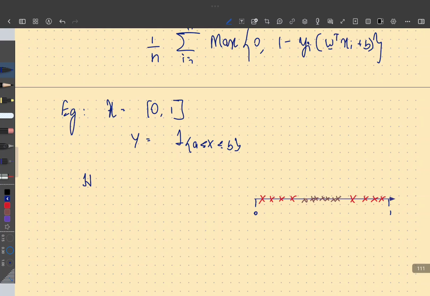A point, or it's a threshold classifier, right? It's the set of all h such that h of x is the indicator x less than or equal to alpha, or the indicator x greater than or equal to alpha, or strictly greater than alpha and strictly less than alpha. This is what any linear classifier can look like.